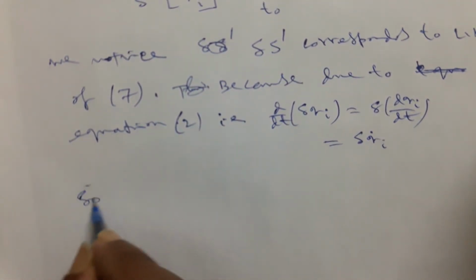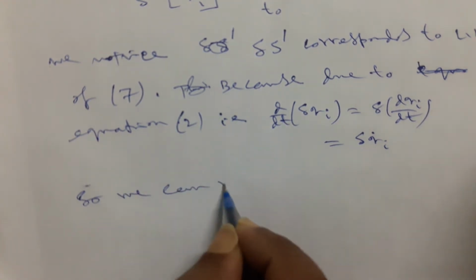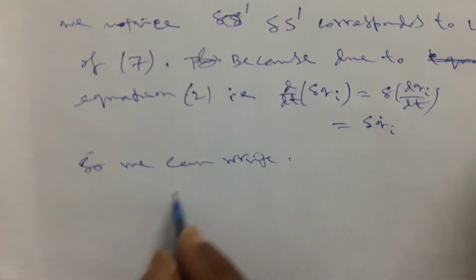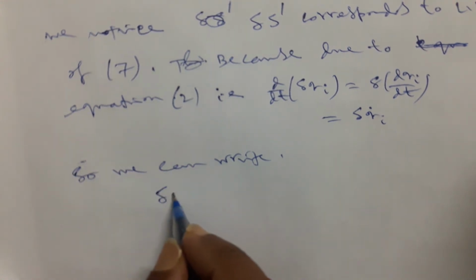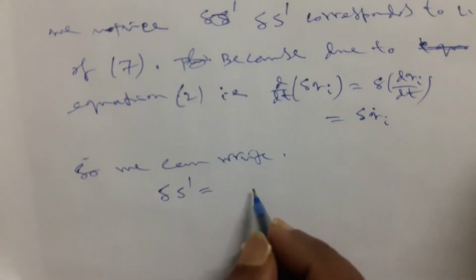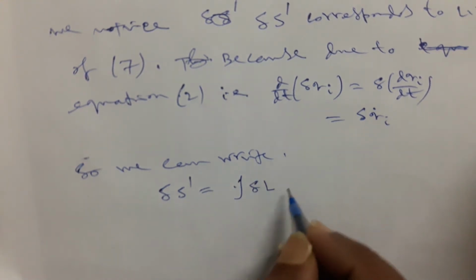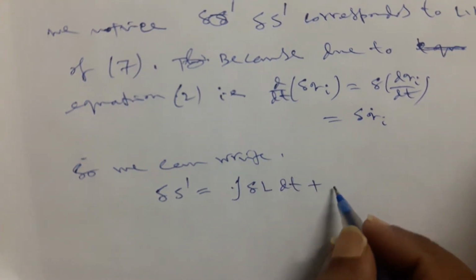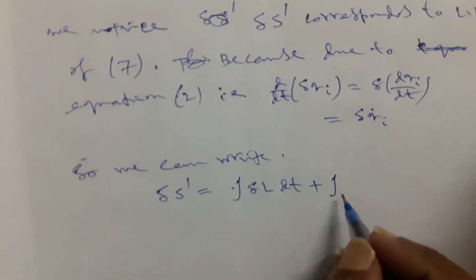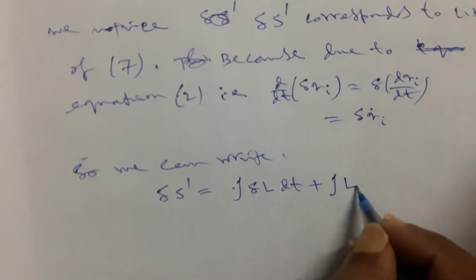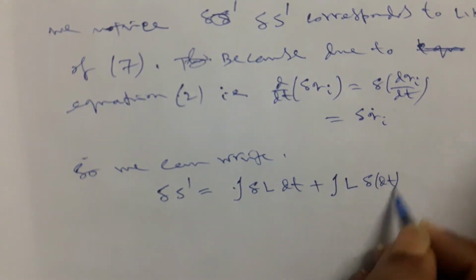So we can write δ of S dash, that will be the integral of δL dt plus the integral of L δ of dt.